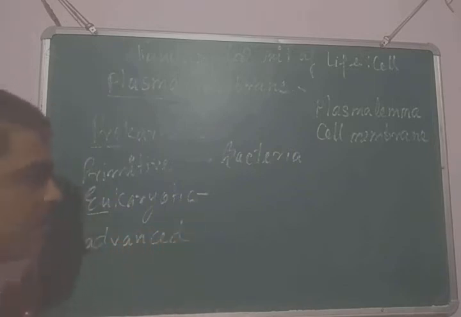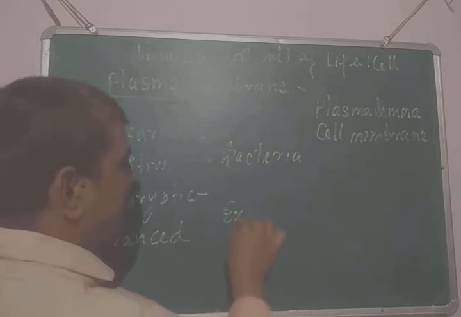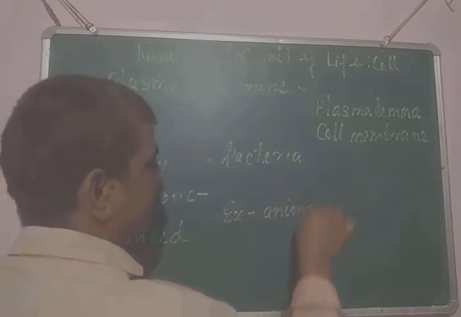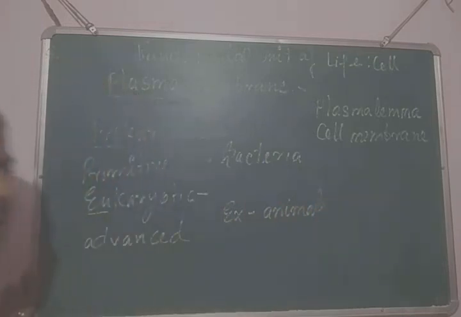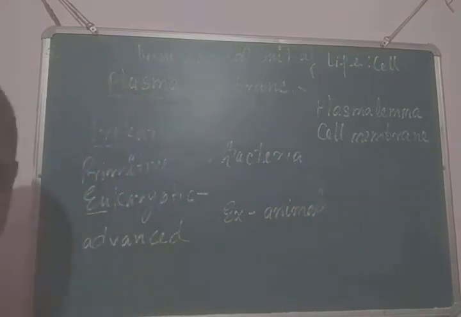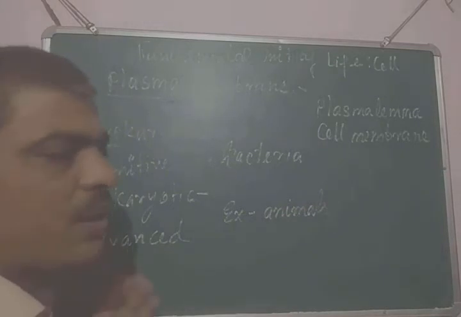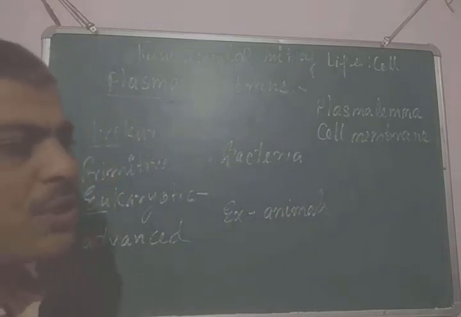Karyon means nucleus. You can take the example of animals like us, humans. So this plasma membrane is found around all the cells. It encloses the cell on all sides.